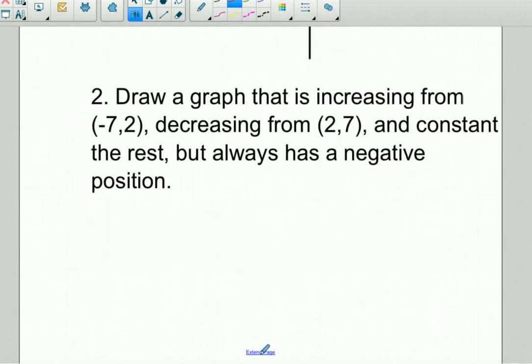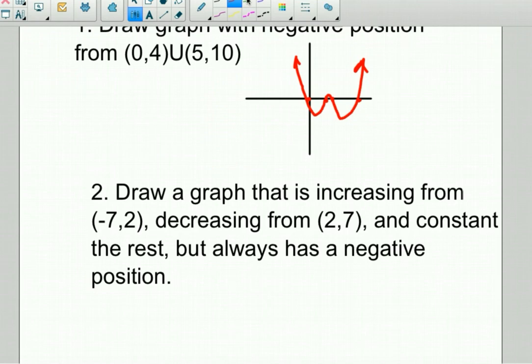Here, a graph that is increasing from -7 to 2. Actually, I'll just use this graph. So if I have -7 here, and this is 2. So it is increasing from -7 to 2, but it always is negative position. So I want to make sure I stay underneath the x-axis.